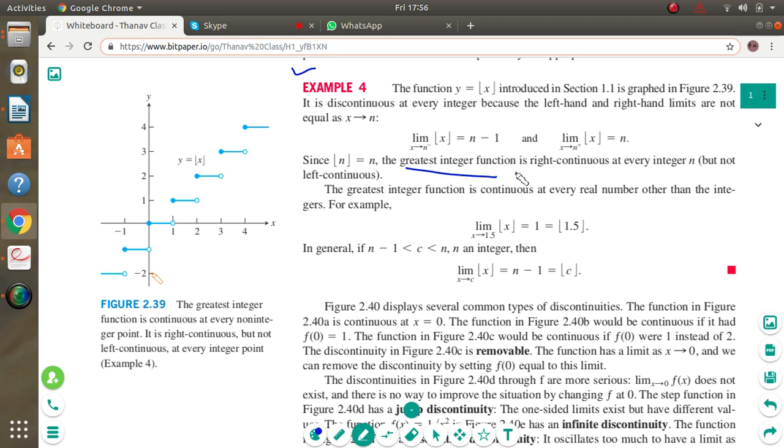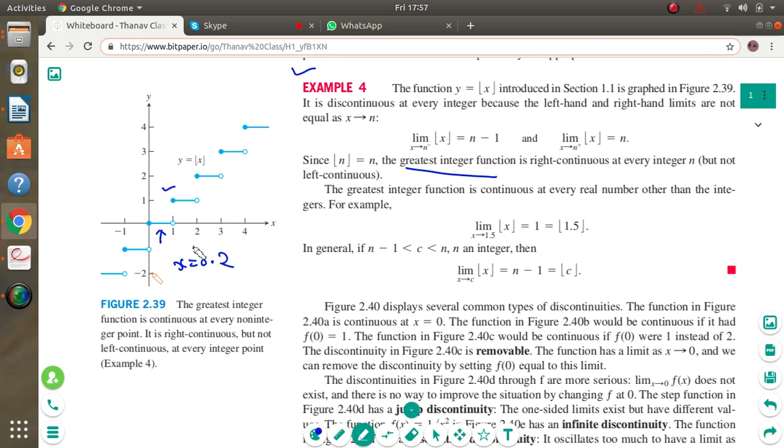If we take x equal to 0.2, two integers are involved, 0 and 1. Out of 0 and 1, which one is the greatest integer? 1. So we take the value as 1 here.